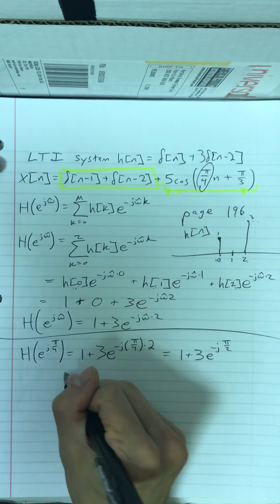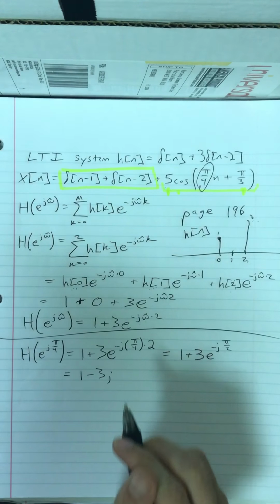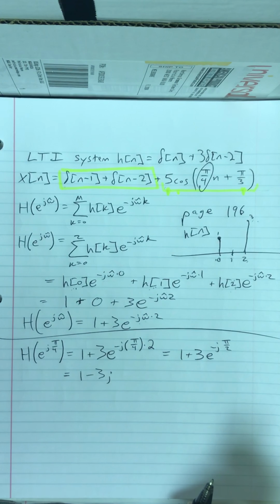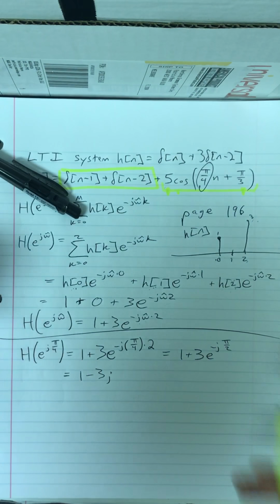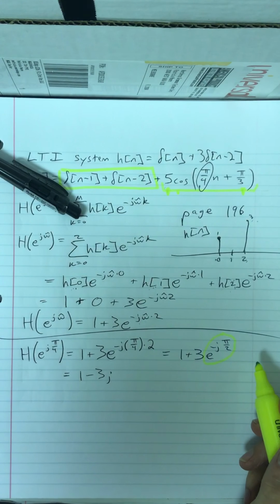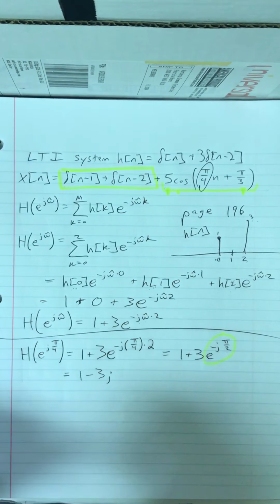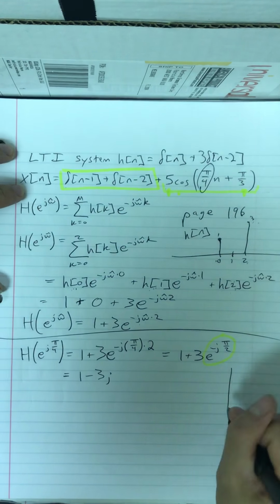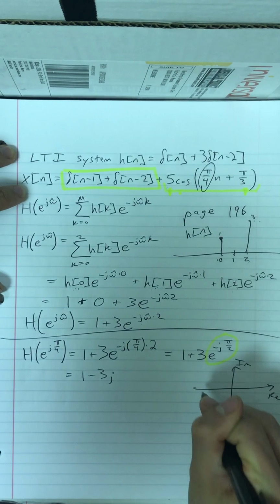Okay, well, here it is. Notice, well, e to the negative j pi over 2, well, that's just going to be a negative j. You can double check that by going on the imaginary and real plane.